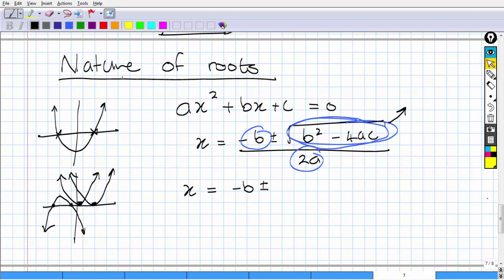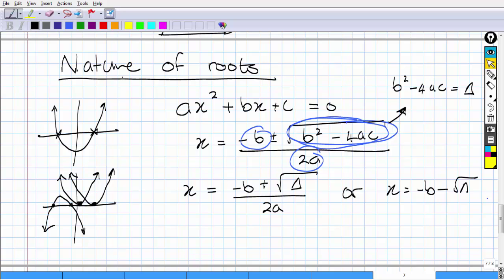Now, just to make this easier to write, we're going to make this b squared minus 4ac equal to some delta value. So plus minus the square root of delta, divided by 2a. Or, sorry, not plus minus, let's just say x is equal to negative b plus the square root of delta divided by 2a, or x is equal to negative b minus the square root of delta divided by 2a.